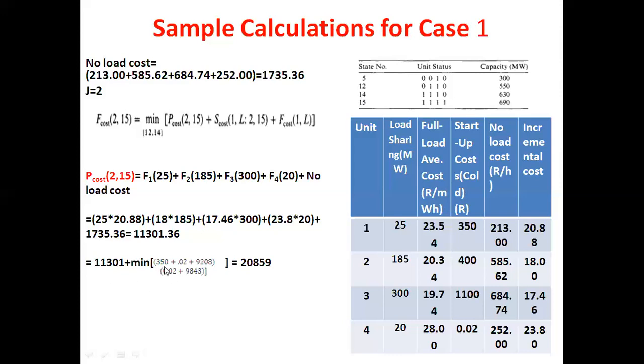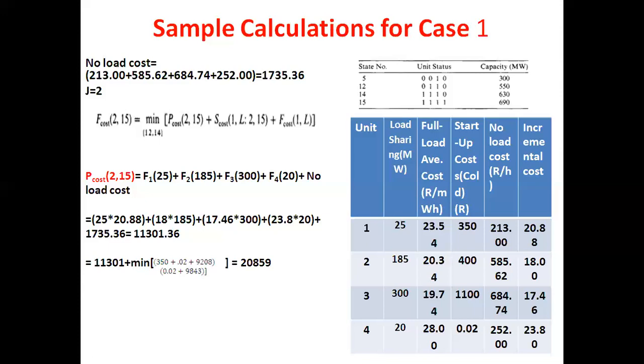So summing this will be the minimum value, the first one. So 11301 plus this value will give 20859. That is the minimum value for hour 2 and the state equal to 15. This is the minimum value.